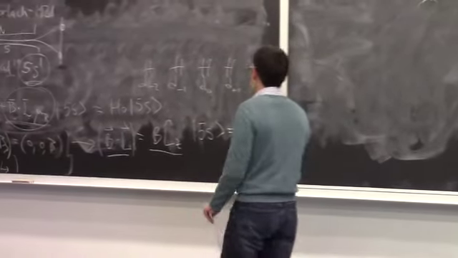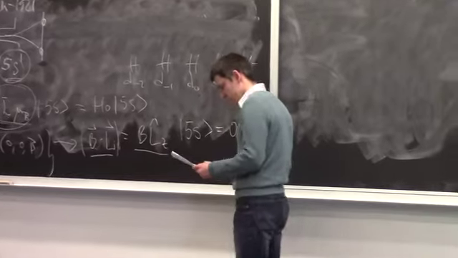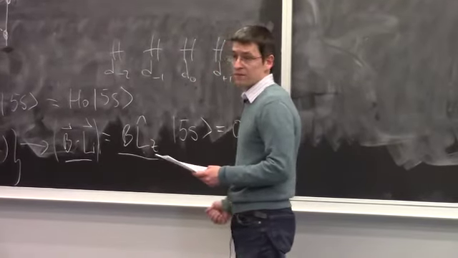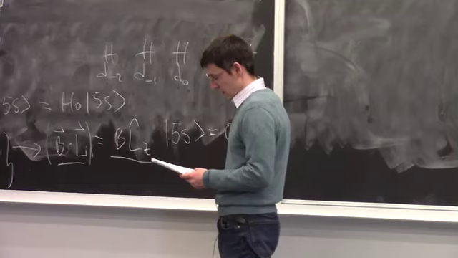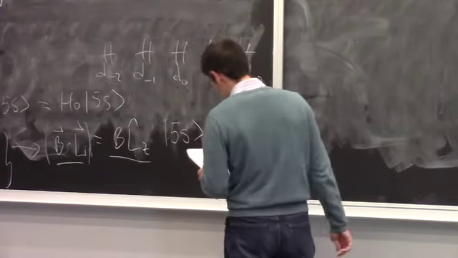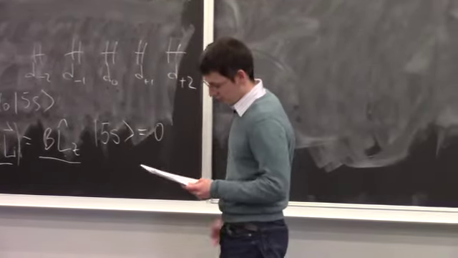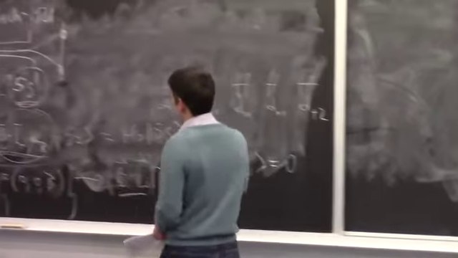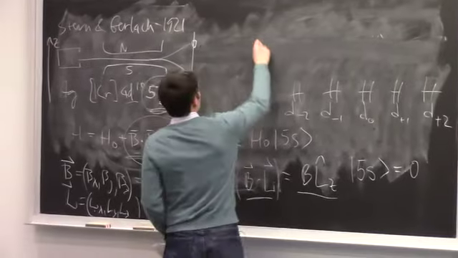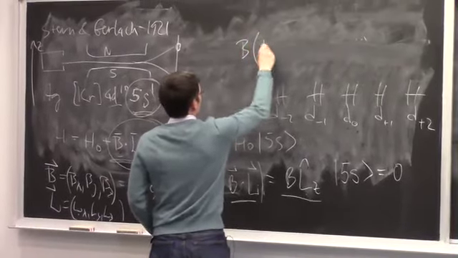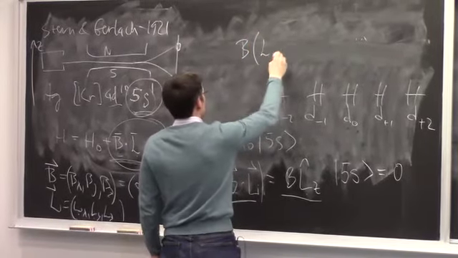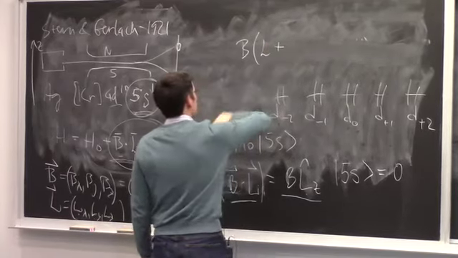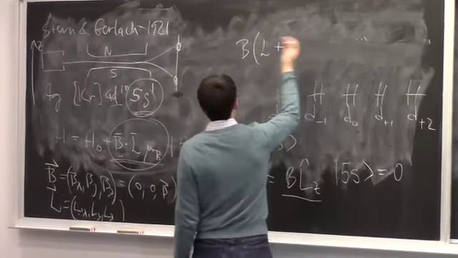And then a theory was suggested by Goudsmit and Uhlenbeck in 1925. The hypothesis was that actually this interaction is correct. It's just you need to account for the fact that L actually is not the only angular momentum that electrons have.